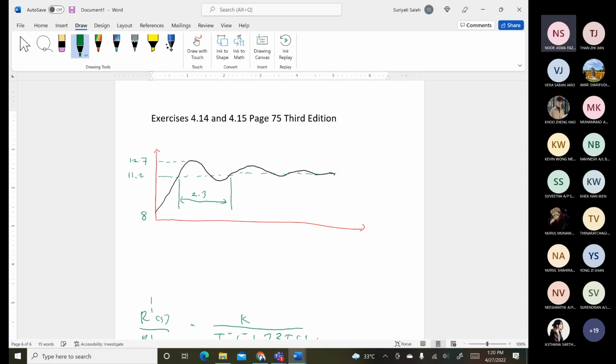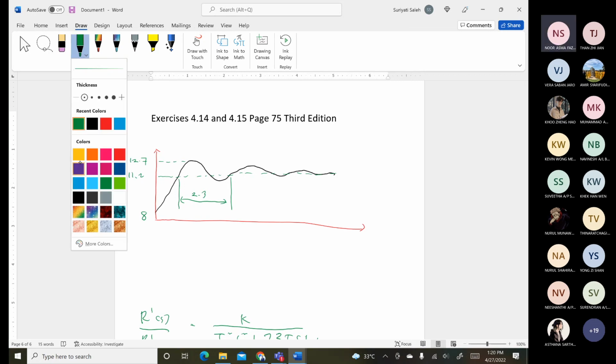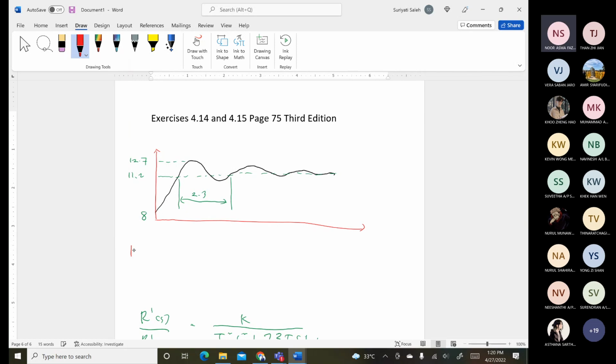So we start with the K. What is the formula for determining the value of K? The K is the process gain. So normally, obtaining the K is based on delta output over delta input.